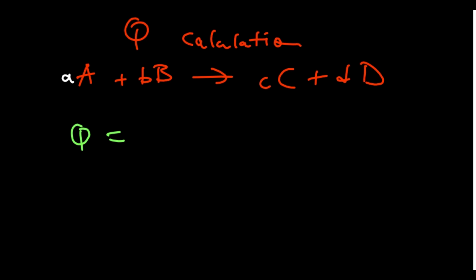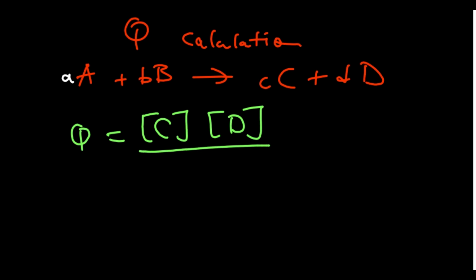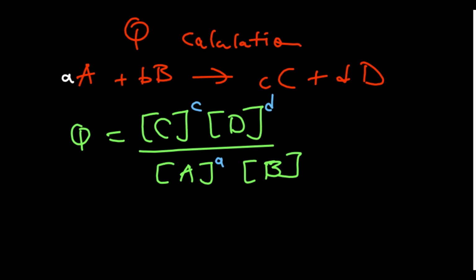This is dependent on the concentration, which is why I'm using brackets to show that we are studying concentration. The product concentrations are divided by the product of the reactant concentrations, and these are raised to their stoichiometric coefficients. I'm using small letters to denote the coefficients. So if you had 2C, it means that the concentration of C is supposed to be raised to the power 2.